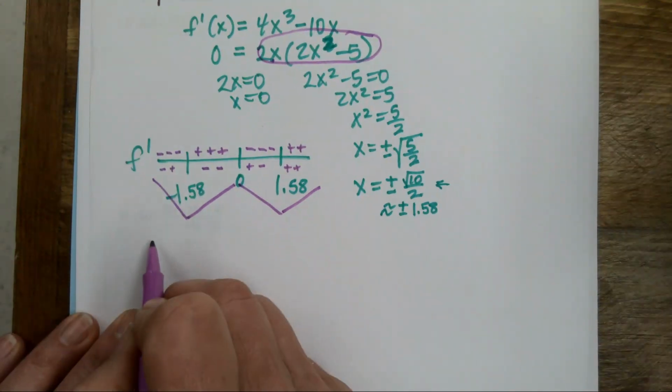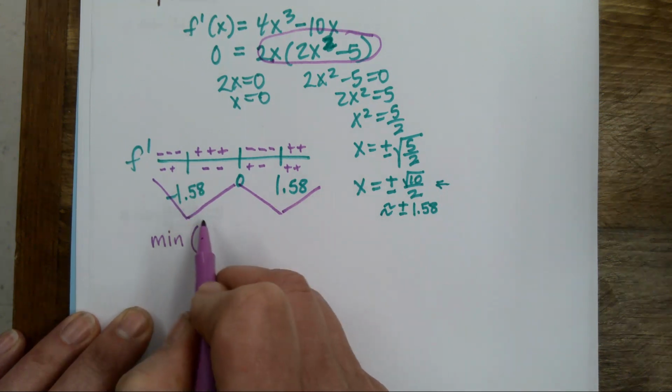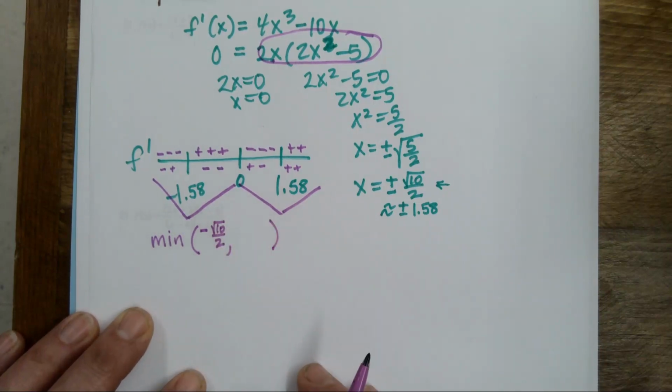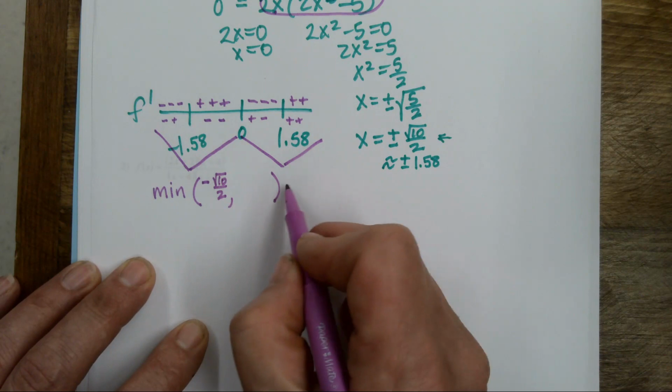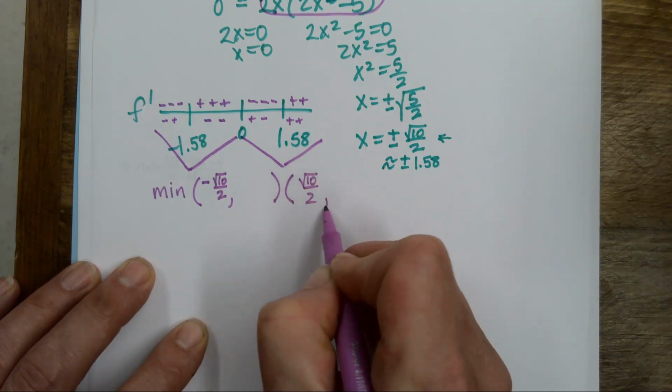So, I have a min at negative square root of 10 over 2, comma, something, and positive square root of 10 over 2, comma, something.